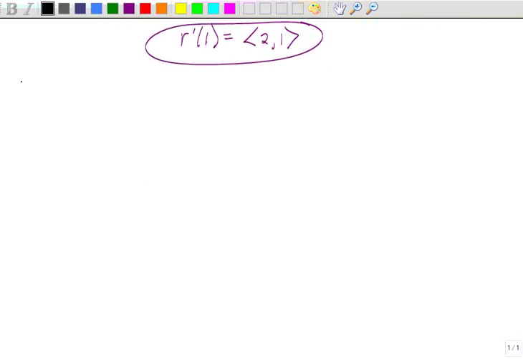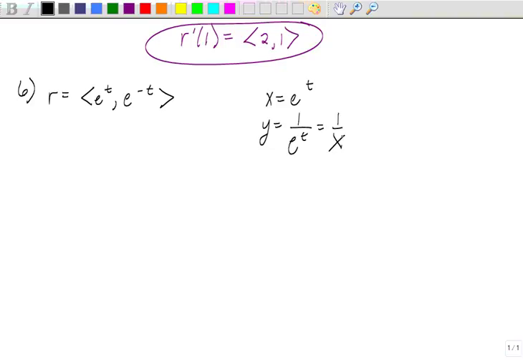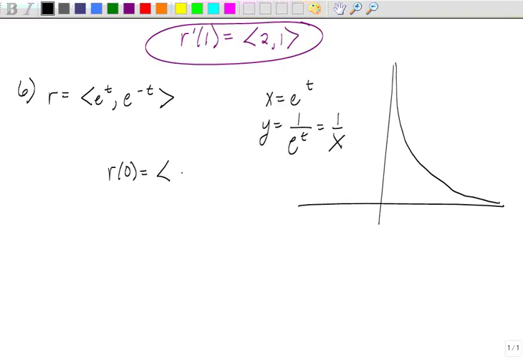Okay, number 6 says that R is (e to the t, e to the minus t). x is e to the t, y is 1 over e to the t, which is 1 over x. So the graph is 1 over x. R of 0 is (1, 1).